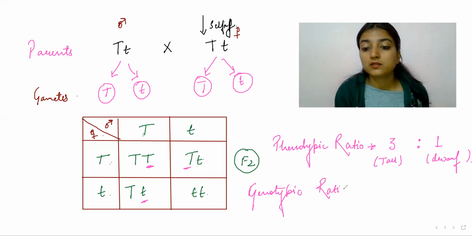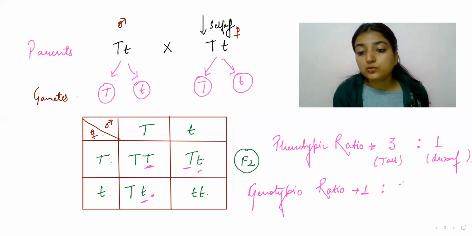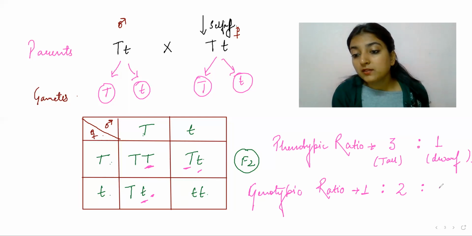Genotypic ratio. Okay, so genotypic, this is homozygous tall. None of the others is homozygous tall, so the ratio will be 1. Now again, this is heterozygous tall, this is heterozygous tall, and this is not. Okay, so 2. The last one is homozygous dwarf. So again, this will be 1.